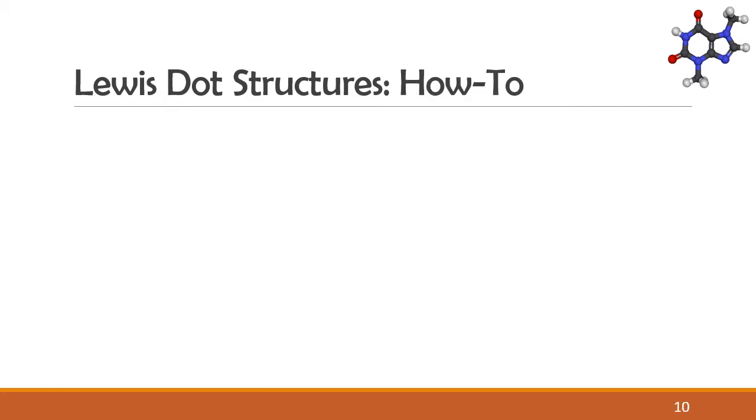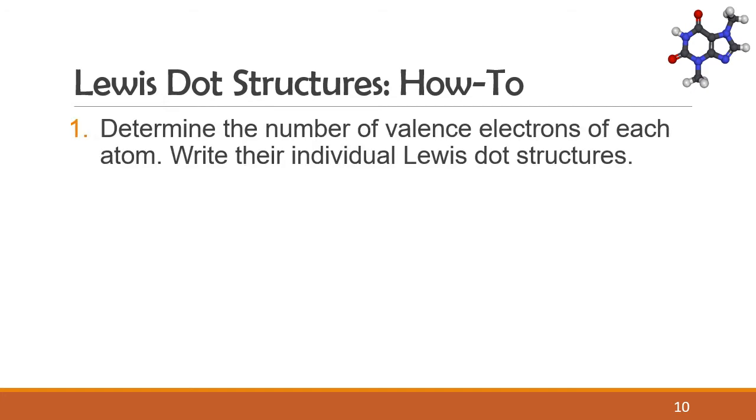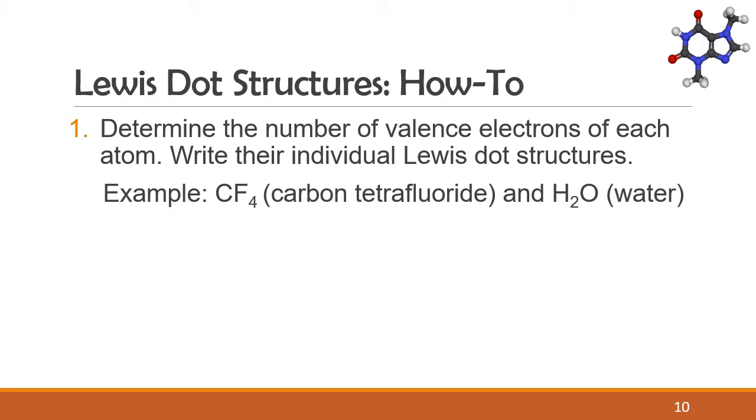Beyond diatomic molecules, the octet rule still governs how to draw Lewis dot structures. The rules are pretty simple. First, we determine the number of valence electrons of each atom. We write their individual Lewis dot structures. Let's use carbon tetrafluoride and water as our examples.